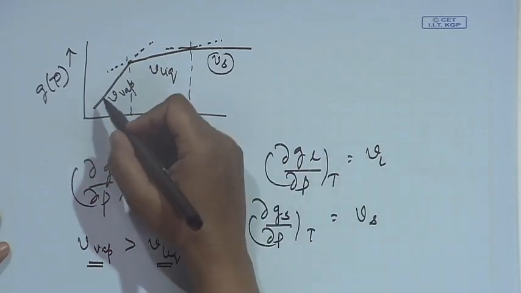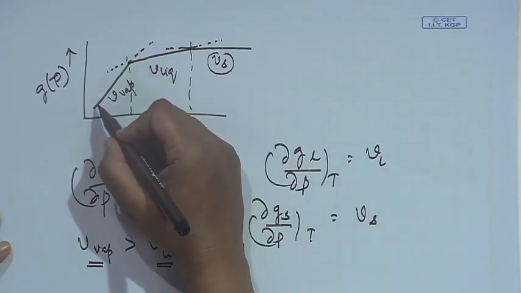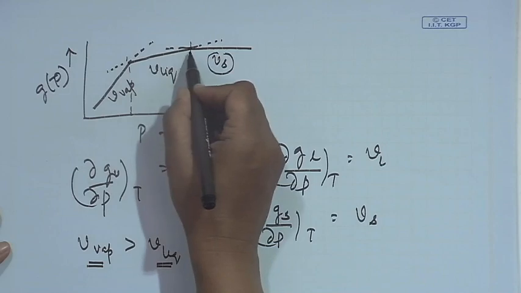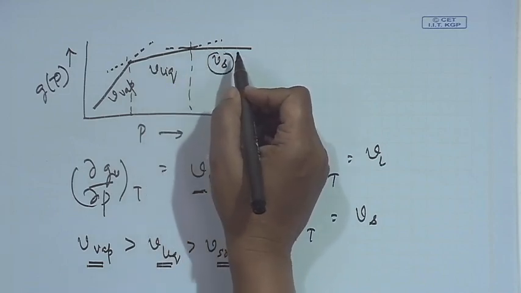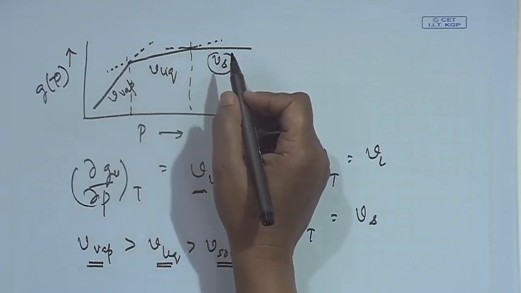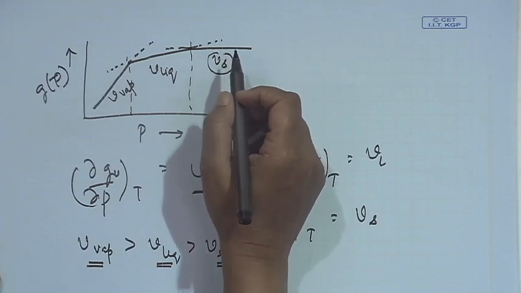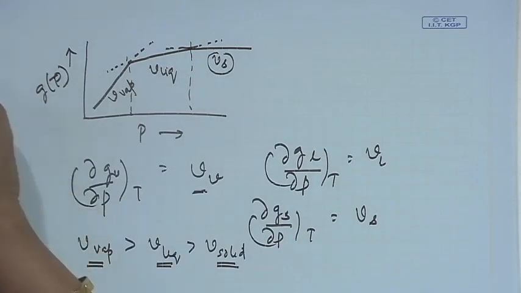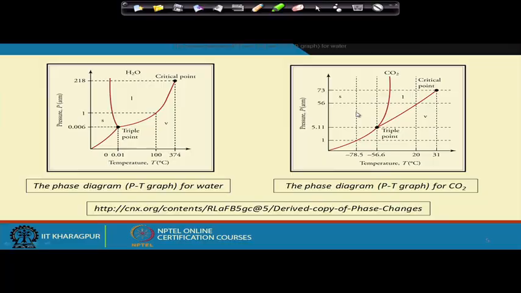Right. Now, just one thing I would like to mention, that this particular nature of the curve that I have drawn is for a normal substance, say for carbon dioxide, and this particular curve has been drawn for some position near the triple point.